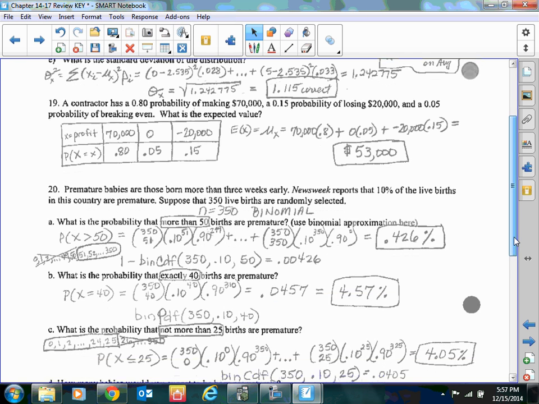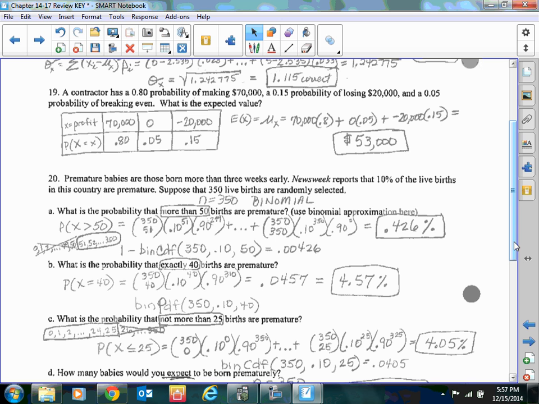All right. So let's see, number 19. This one was just writing down a table from the information given to you. A contractor has an 80% probability of making $70,000, a 15% chance of losing $20,000, and 5% of breaking even. What is the expected value? You had to make your little table first, where the first line is your profit, and the second line is the probability of those profits occurring.